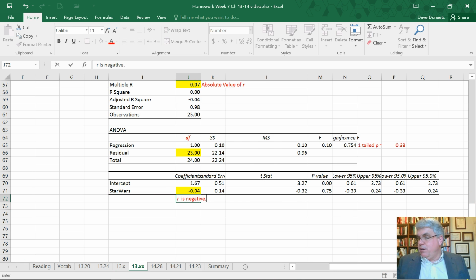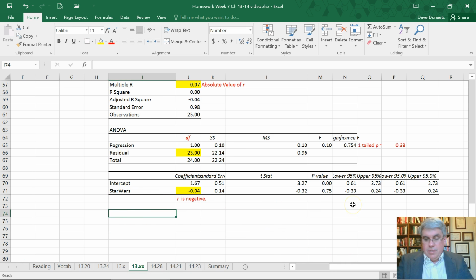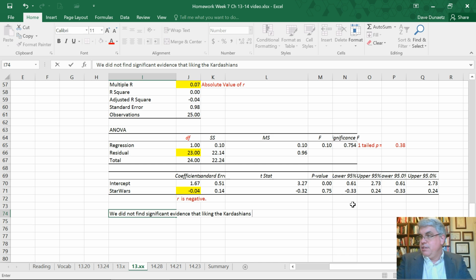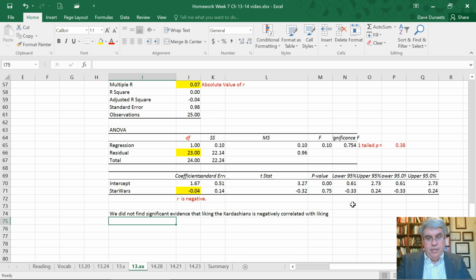So our conclusion is we did not find significant evidence that liking the Kardashians is negatively correlated with liking Star Wars.